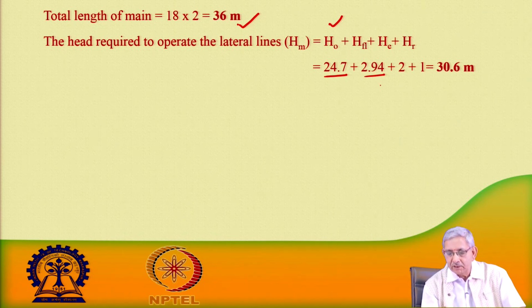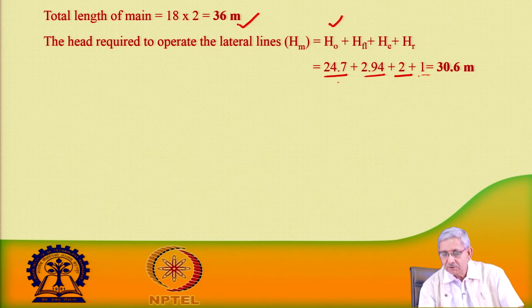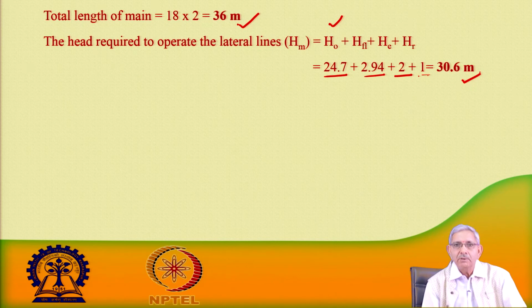So the head loss due to friction in the lateral pipeline is 2.94 meter. This is the head due to elevation, which we will also accommodate, and HR is the height of the riser pipeline. When we substitute these values, we get the total head required to operate the lateral on the main.